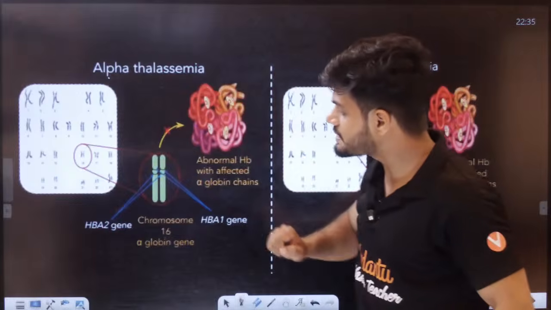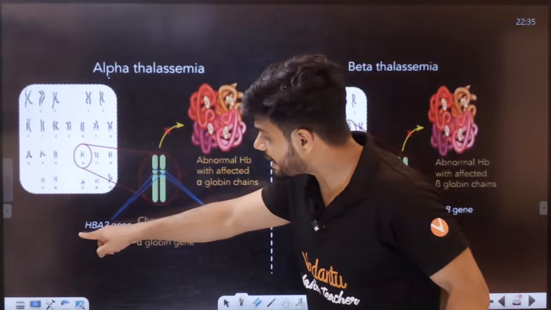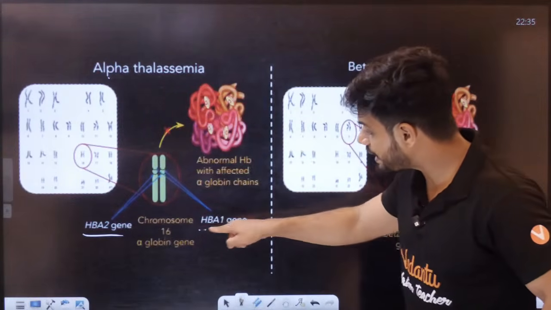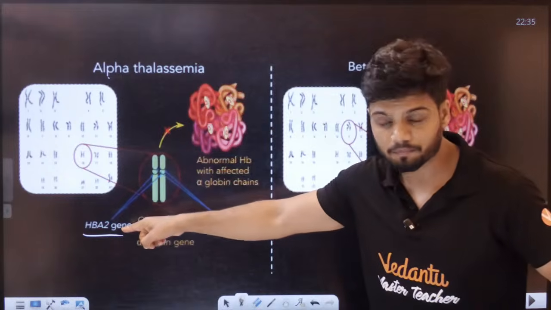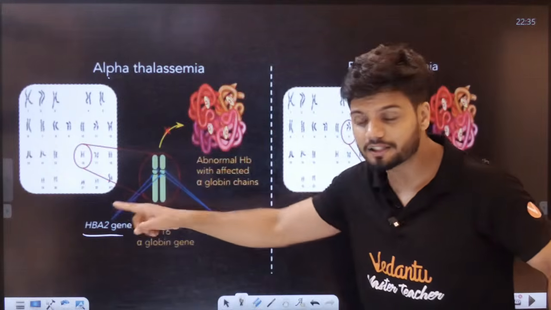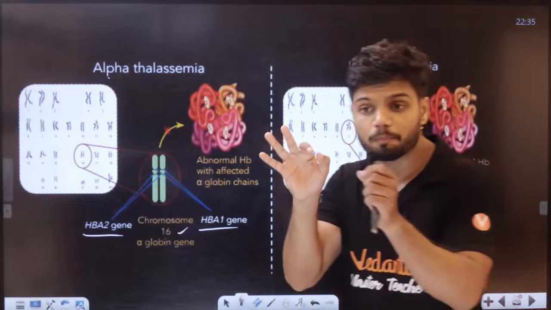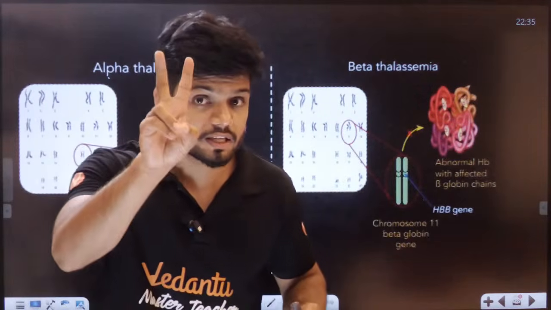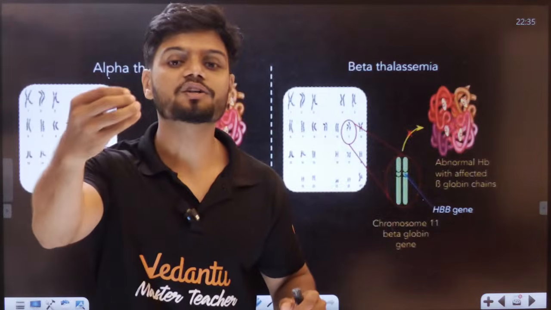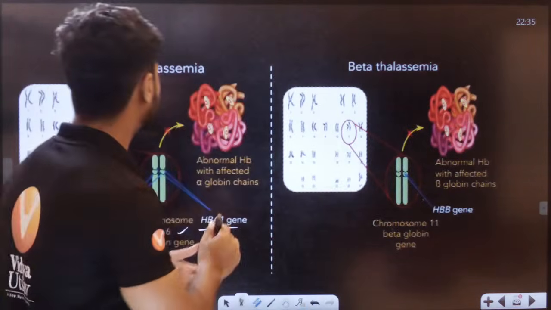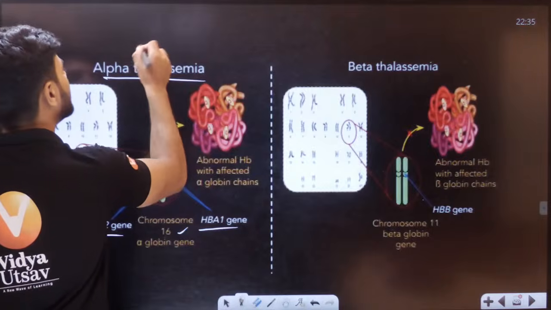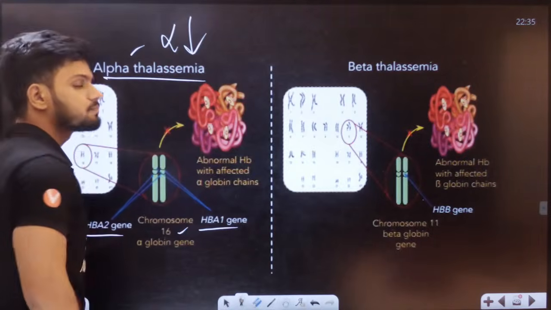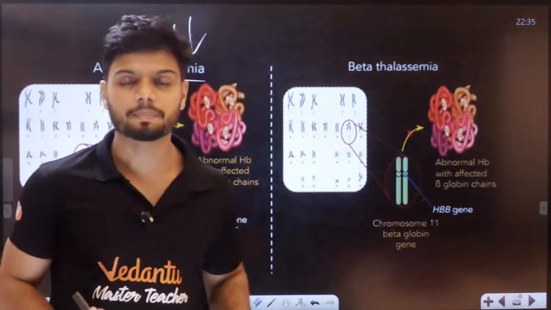In alpha thalassemia, what happens? The HbA2 gene and HbA1 gene get affected. These 2 genes are present on chromosome 16. Because of this mutation in these 2 genes, the alpha chain is not produced, so alpha thalassemia happens.